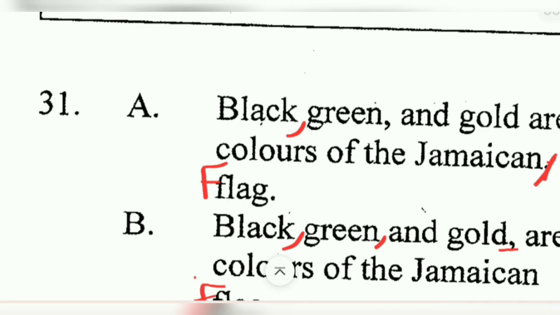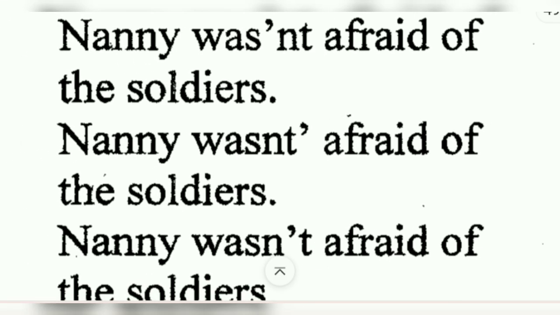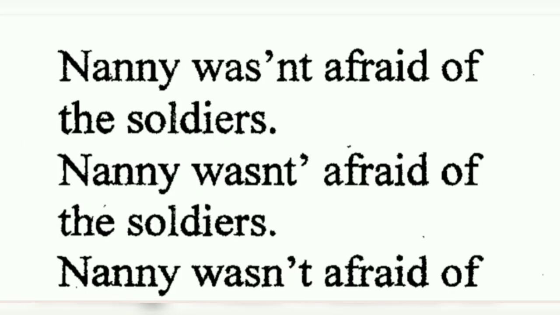Moving on to 32, which would be on the other page, I'm guessing. Yeah. Nanny wasn't afraid of the soldiers. Look at how they edit wasn't. Remember, it was not. When you look at wasn't, it was not. Alright? So wasn't is spelled W-A-S-N apostrophe T, because it's the O that's going to be missing.